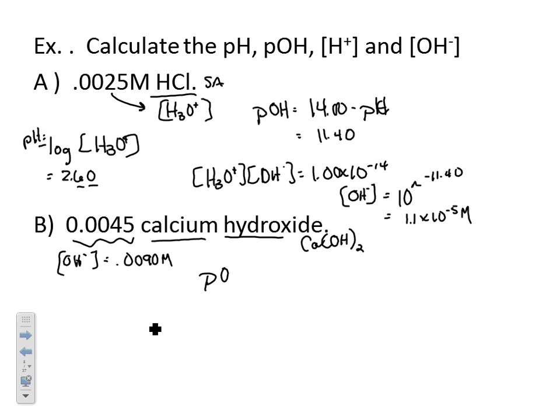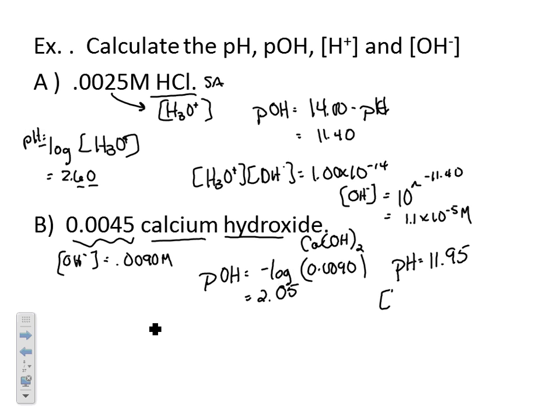We're going to calculate pOH. Bases make hydroxide. So the opposite of the logarithm of 0.0090. Two significant digits means our pOH is going to have 2 decimal places, which leads us to a pOH of 2.05. And therefore the pH is 14 minus 2.05. That gives us a pH of 11.95.